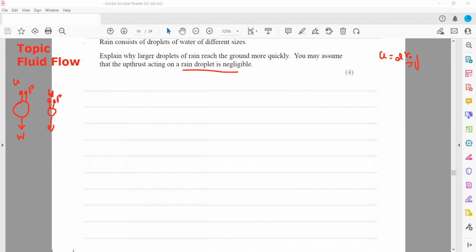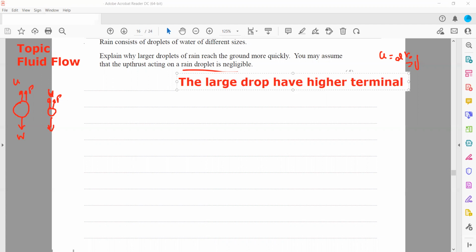So the large drops have higher terminal velocity compared to small drops. That is one thing.